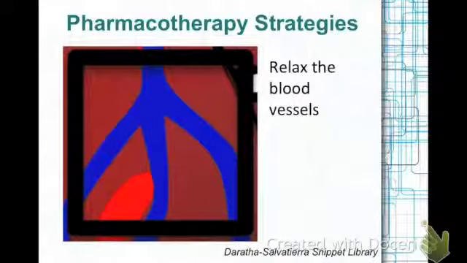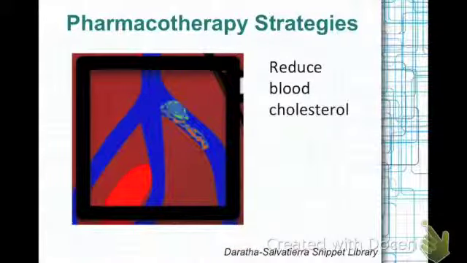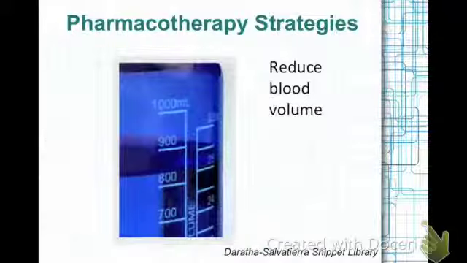Yet another strategy is to relax blood vessels using angiotensin-converting and aldosterone inhibitor medications. Interventions are also aimed at reducing cholesterol-containing plaques in the blood using lipid-lowering statins. And finally, for some patients, blood volume is reduced using diuretics.